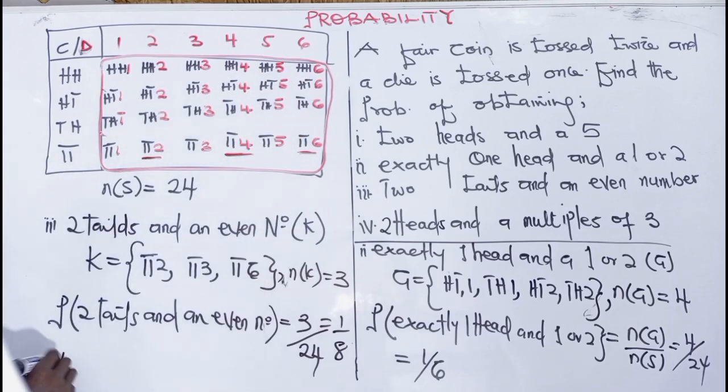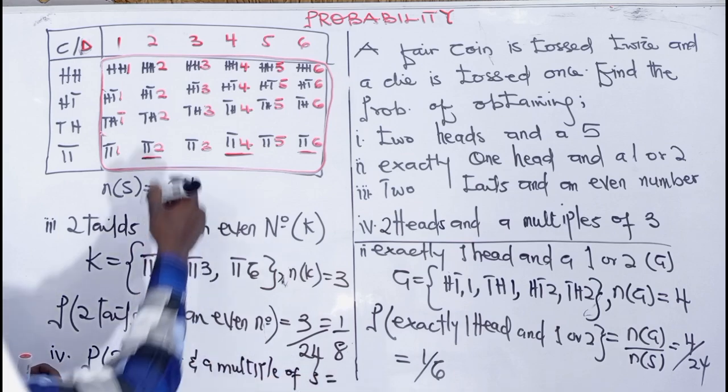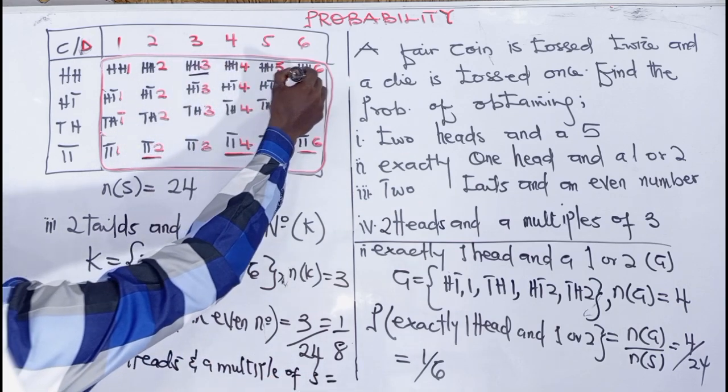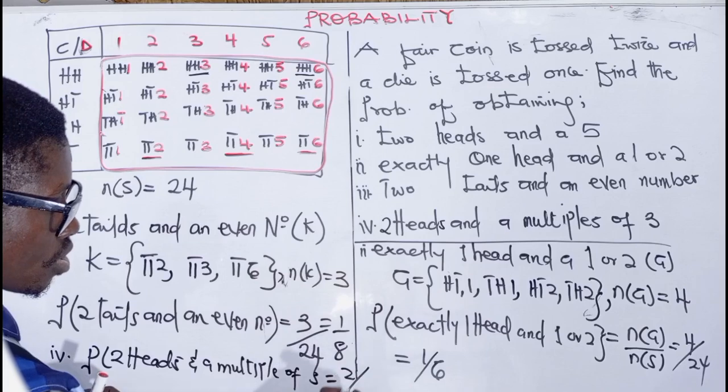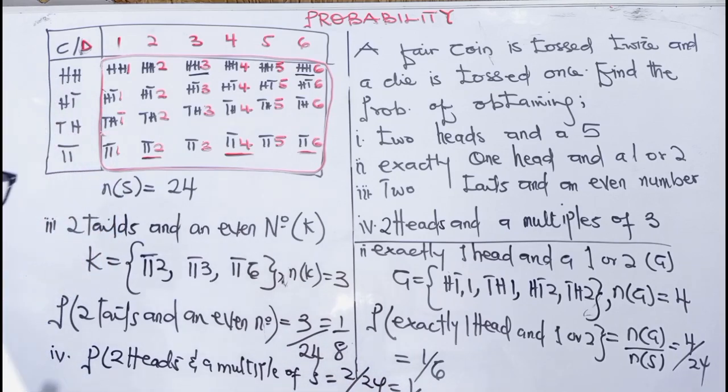So the probability of picking 2 heads and a multiple of 3 is equal to 2 all over 24, and that gives us 1 over 12.